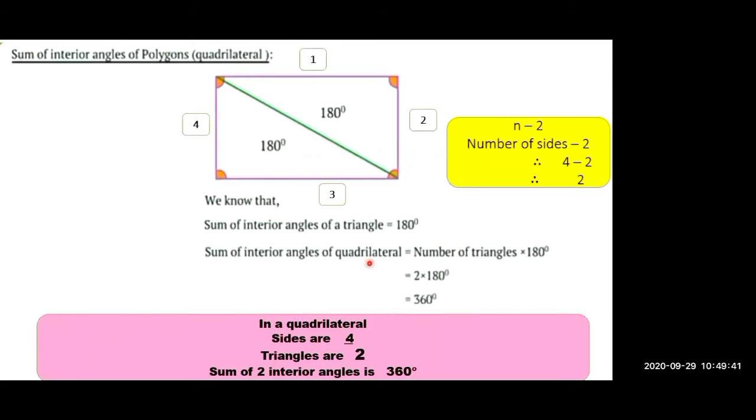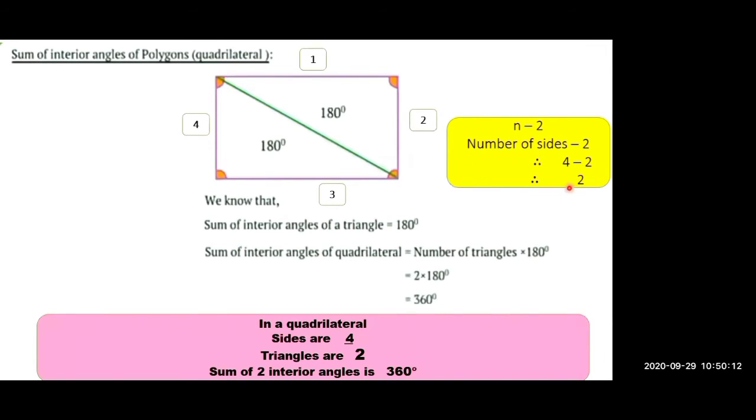To find this, we need to know how many triangles are formed in a quadrilateral. So we can use this formula, n minus 2, number of sides minus 2. Therefore, 4 sides, 1, 2, 3 and 4. 4 sides minus 2, so 4 minus 2 equals to 2.